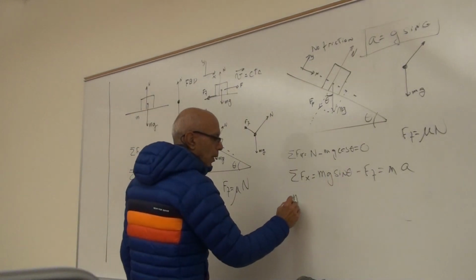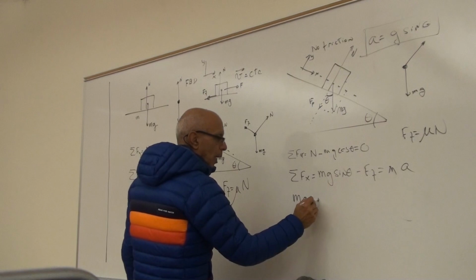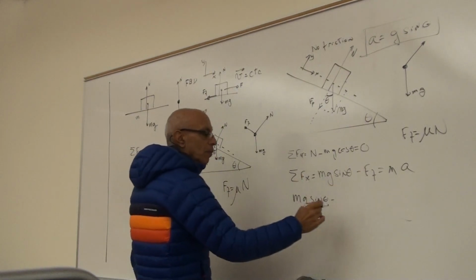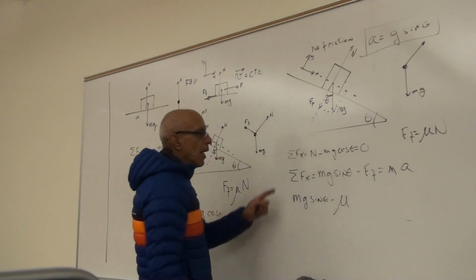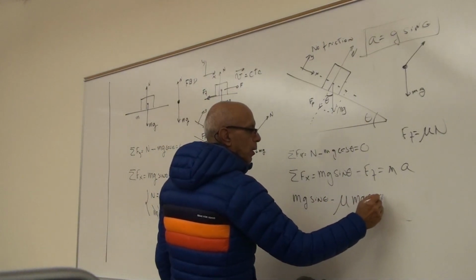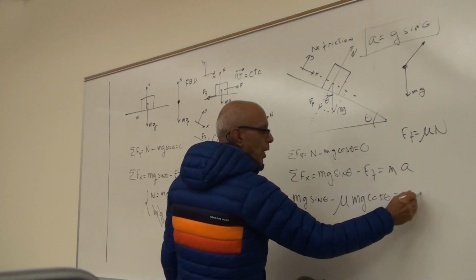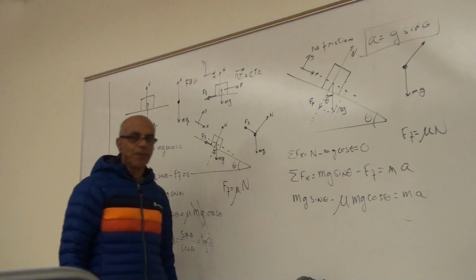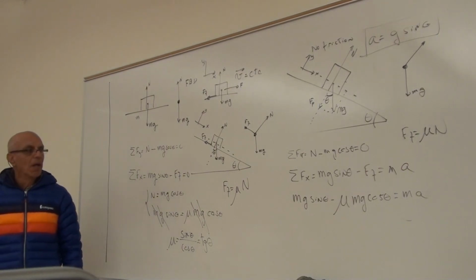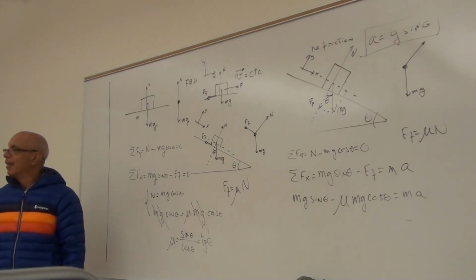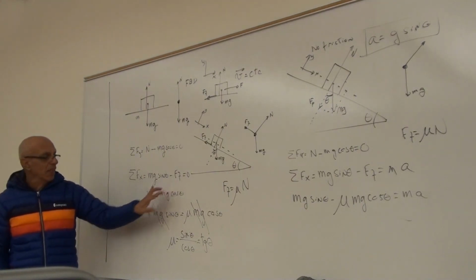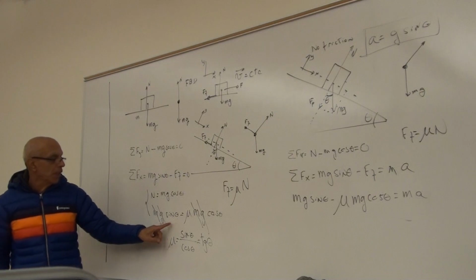I write down mg sine theta minus mu, and then the normal is mg cosine theta, and this equals m a. How's that? Is that okay? It's no big deal, right? It's the same equation.